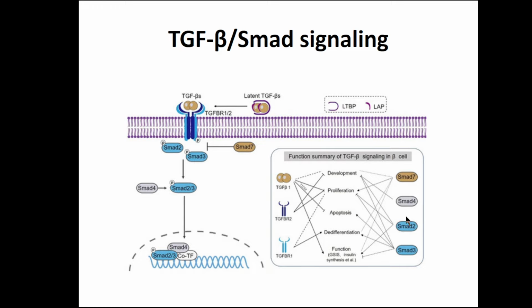These are proteins which can regulate the effect of receptor and ligand TGF beta 1 and TGF-B receptor first and second type, and can connect with cells and make activation of development, proliferation, apoptosis, dedifferentiation, or any function or block.